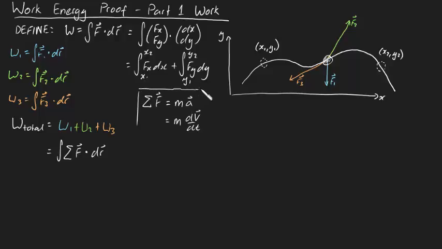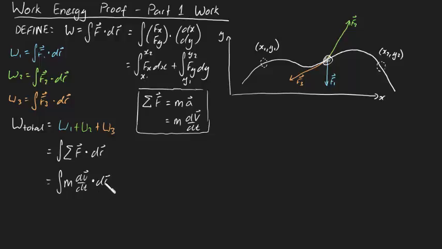This is just Newton's law right here. And the beautiful thing about invoking this is we can substitute the sum of f into here. I'll briefly talk to you about velocity shortly, but let me not jump the gun. This is going to be the integral of m dv/dt dot dr.